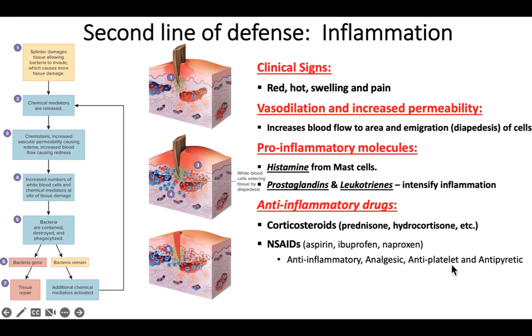Maybe you want to do that with aspirin, or maybe you don't, but it's going to happen if you take an NSAID. And then you could use them as a fever reducer as well. So the whole goal here is to increase blood flow, get some immune cells in there really quickly, prevent those bacteria from spreading, and then induce tissue repair. We want to be able to repair that damaged tissue.